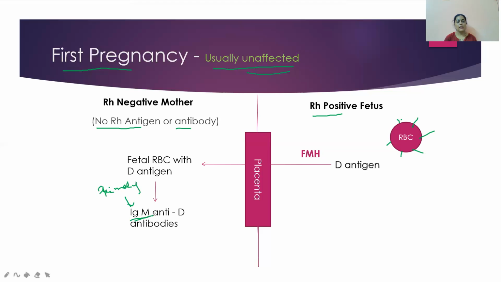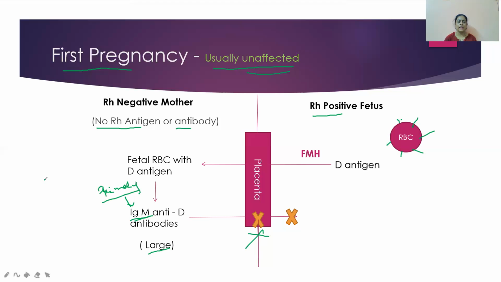It is of large molecular weight and it is a pentamer, so it doesn't cross the placenta and go to the fetus. Since it has a large molecular weight, it does not cross the placenta. Fine. This is the primary immune response.